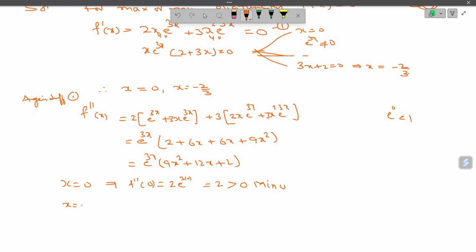Now I will take x equal to minus 2 by 3. So f double dash of minus 2 by 3 equals e to the power of 3 into minus 2 by 3, getting cancelled, so e to the power of minus 2, times 9 into minus 2 by 3 whole square, plus 12 into minus 2 by 3, plus 2.